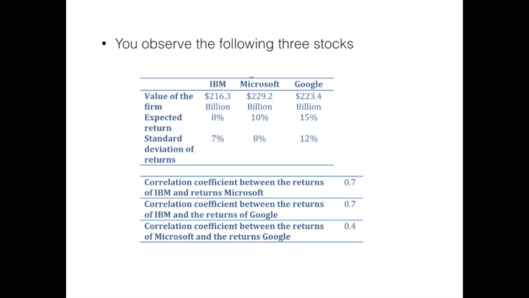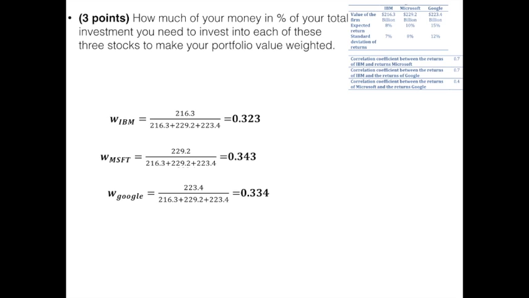Then we go again to stocks and portfolios. You are given a table which contains the value of companies, their expected returns, their expected standard deviations, and their correlation coefficients, which describe how returns of these companies move together. You would have to calculate, again, how much in percents you invest into each company if your portfolio is value-weighted.